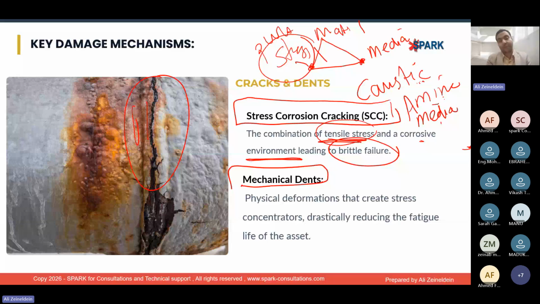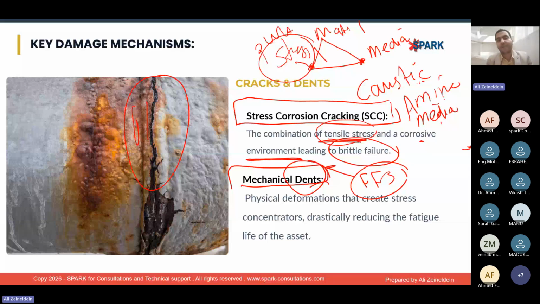Unfortunately, these dents may fail the acceptance criteria when we apply fitness for service assessment. If we find the dent exceeds the acceptance criteria, we should take immediate action to avoid any cracking from this dent.